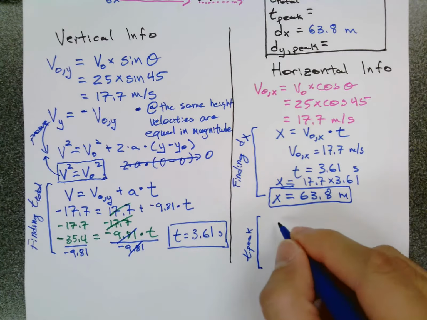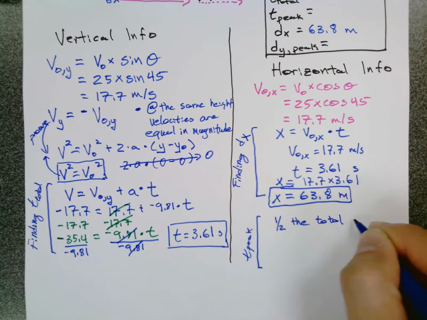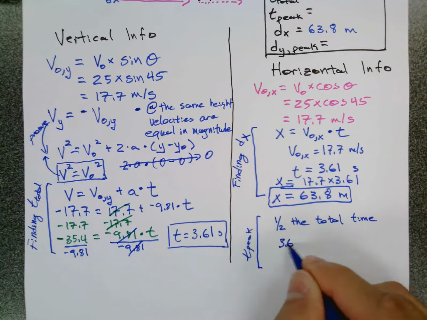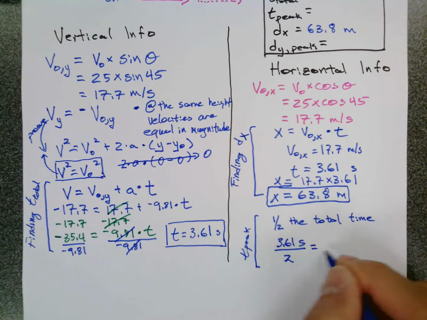Our time at the peak should be 1/2 the total time, which gives us 3.61 seconds divided by 2, which is 1 point, we're just going to estimate it at 1.8 seconds.